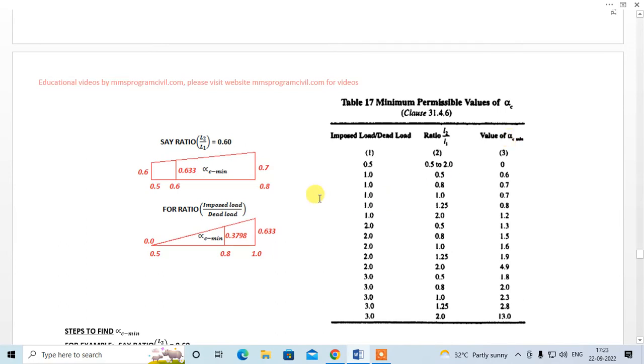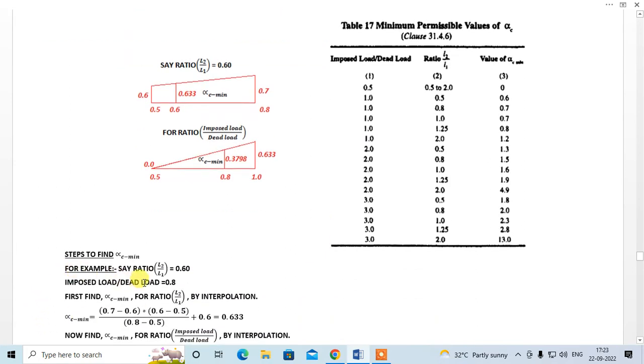So let me explain it with an example. We have the ratio of L2 by L1. L2 is the transverse span, that is the width of the slab beam member. L1 is the center to center distance between the columns. In our case this ratio is 0.6, and our imposed load to dead load ratio is 0.8. 0.8 is greater than 0.5, so we will have to find alpha c minimum.